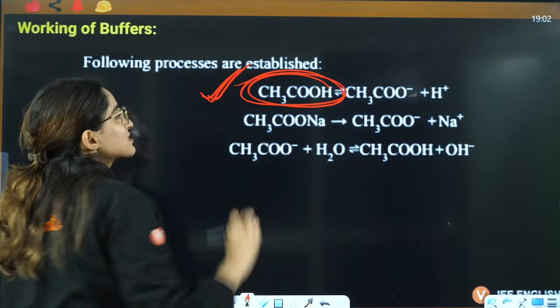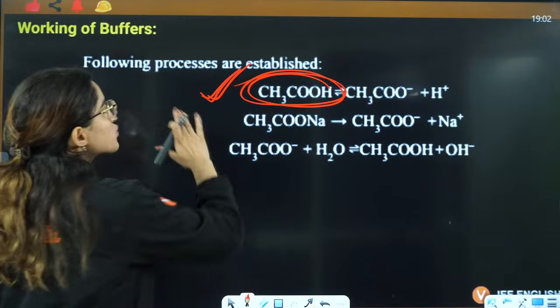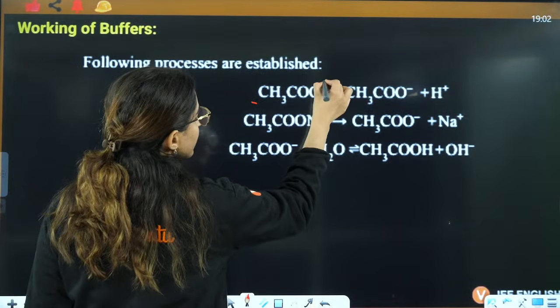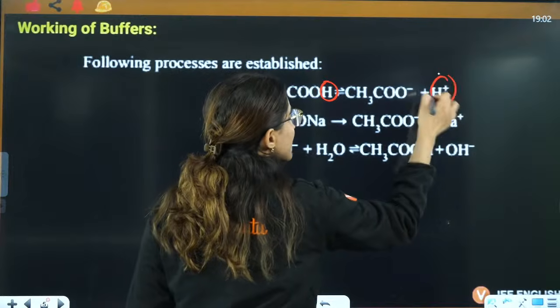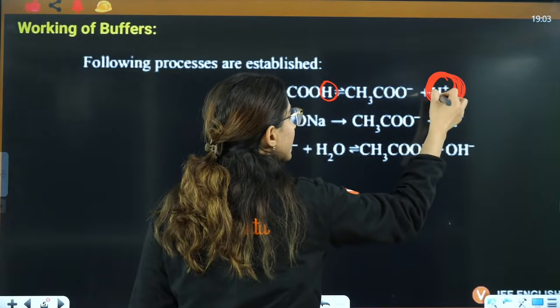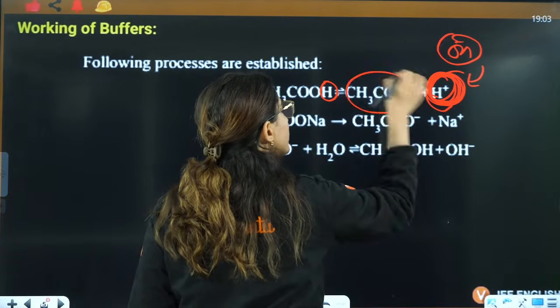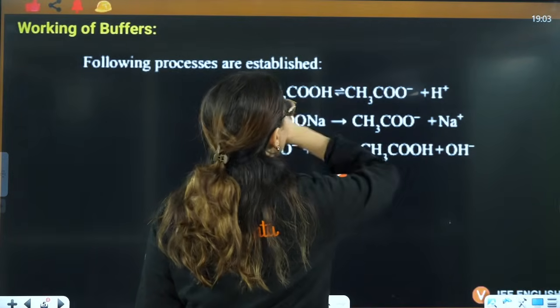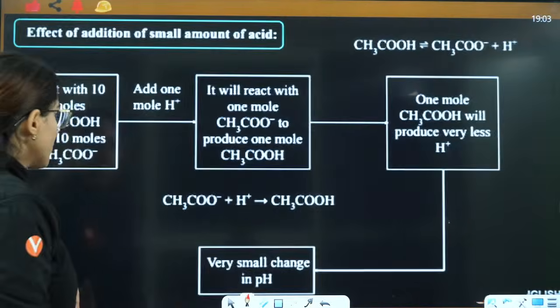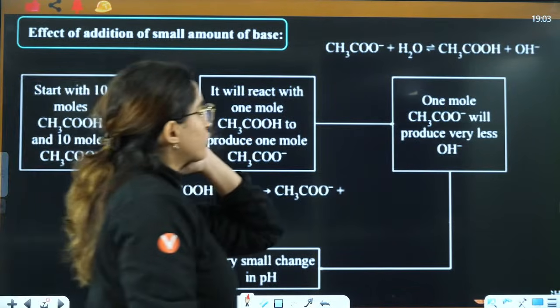Only this acid has H positive. So it is going to accept H positive from the acid. The OH negative is going to eat this H positive, and you will be left with CH3COO negative in the solution, right?